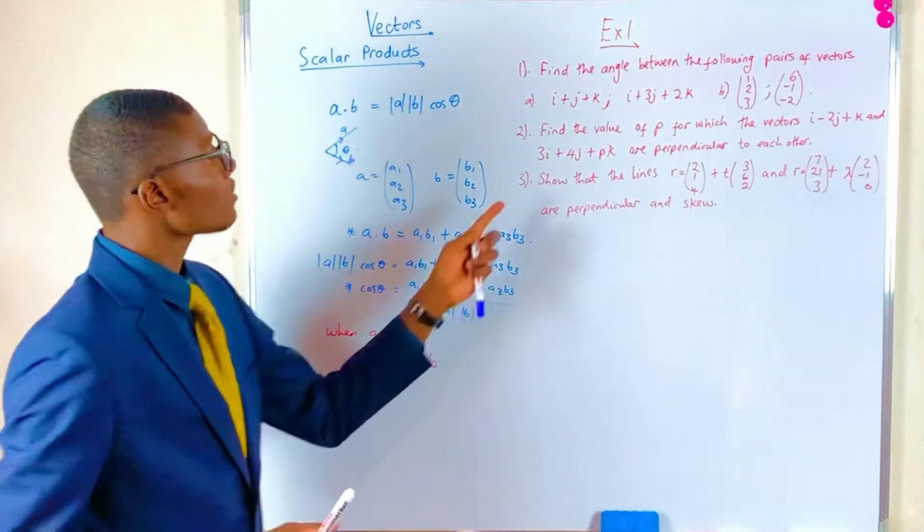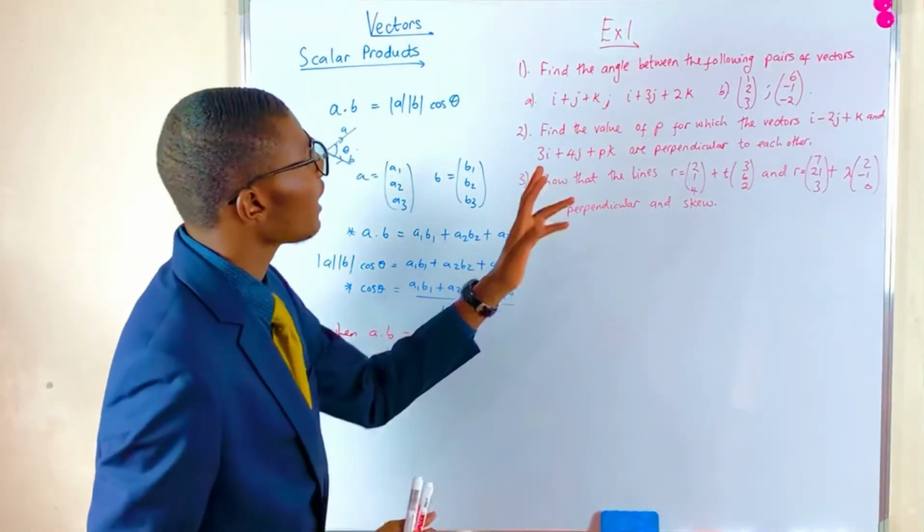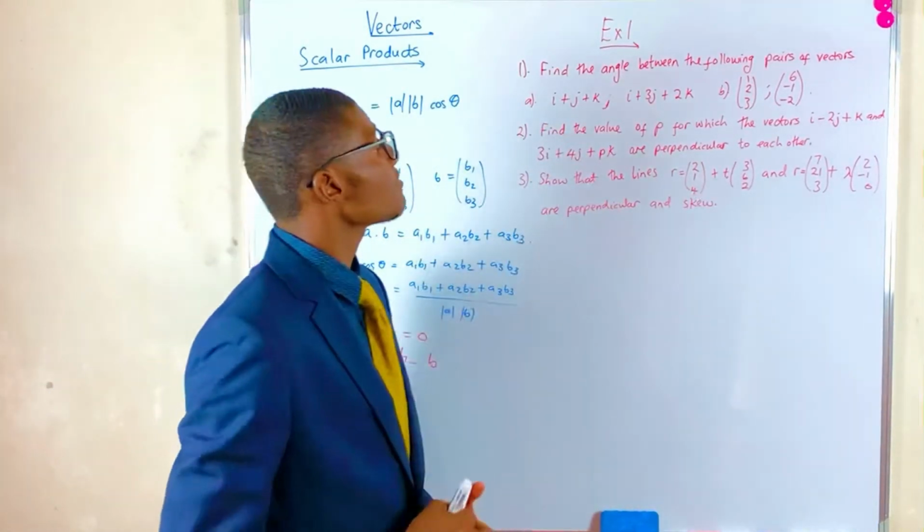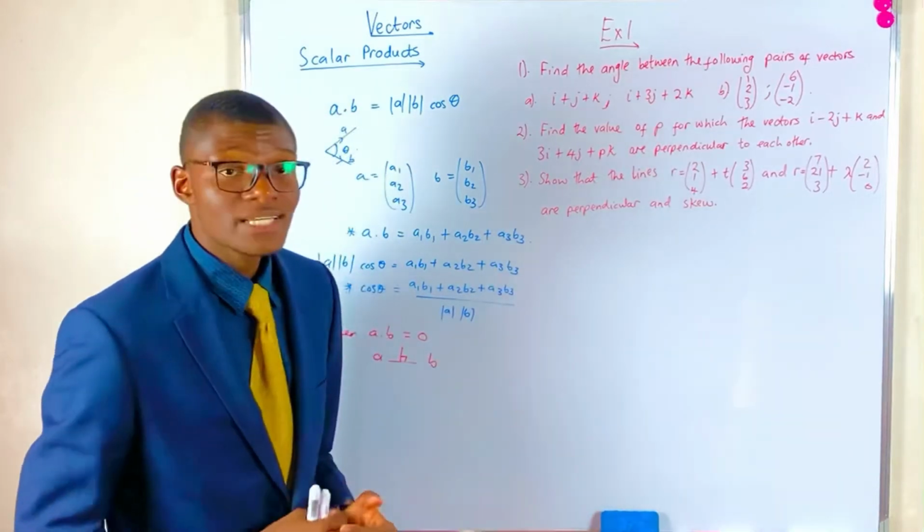Now for number 1, we're asked to calculate the angle between the following pairs of vectors. We've got I plus J plus K and I plus 3J plus 2K.